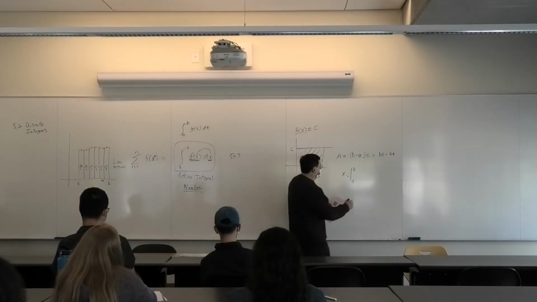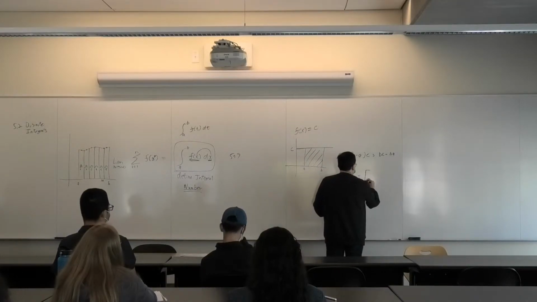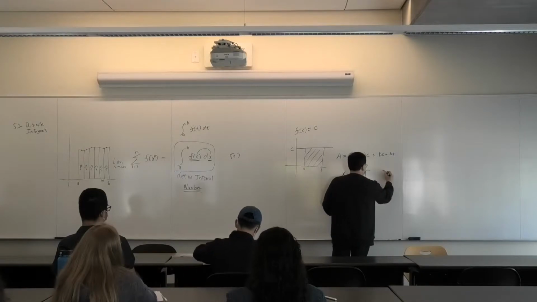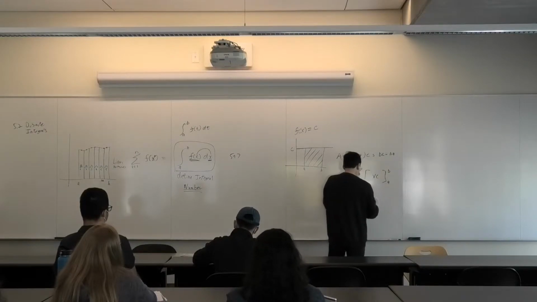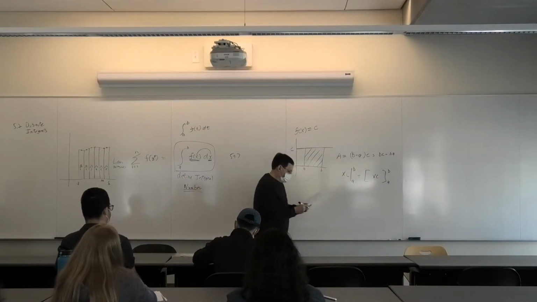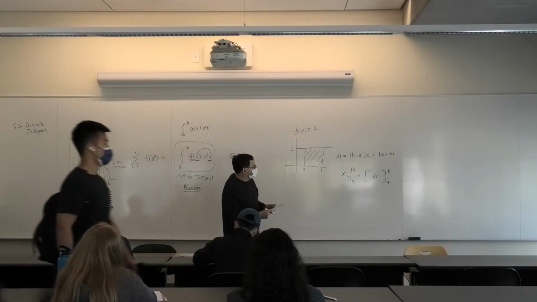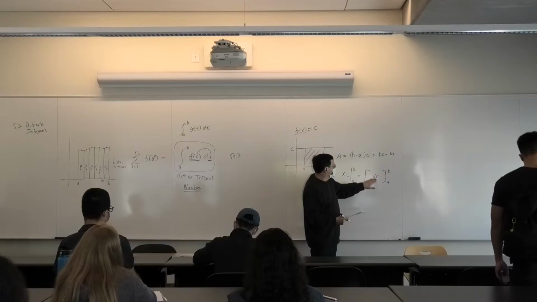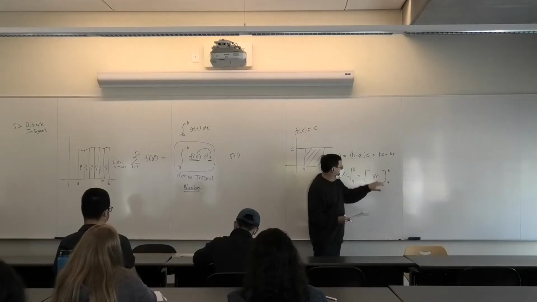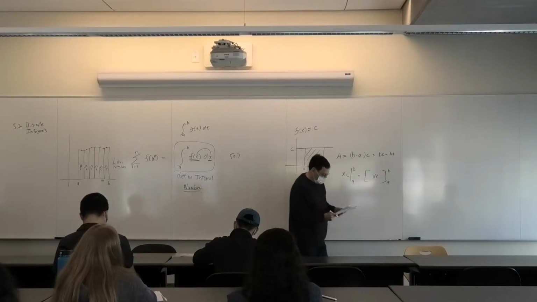We also might write this in square brackets, xc, with limits a and b. And again, we're evaluating this expression at b and subtracting the expression at a.